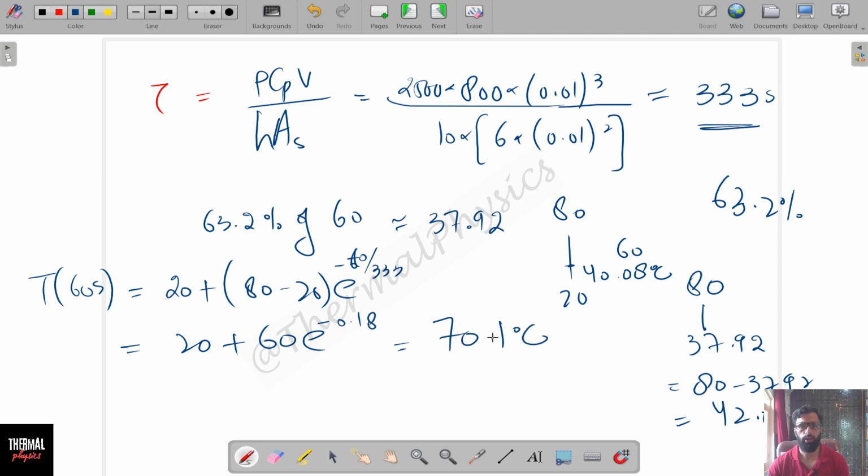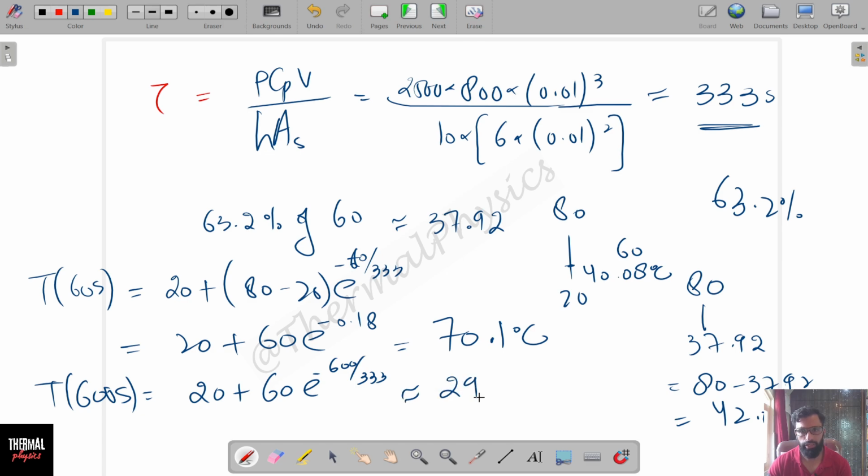This is the temperature after 60 seconds, and the temperature after 600 seconds will be the same, 20 plus 60 times e to the power minus 600 divided by 333. 600 divided by 333 is 1.8. So e to the power minus 1.8 into 60 plus 20 is approximately 29.9 degrees Celsius.